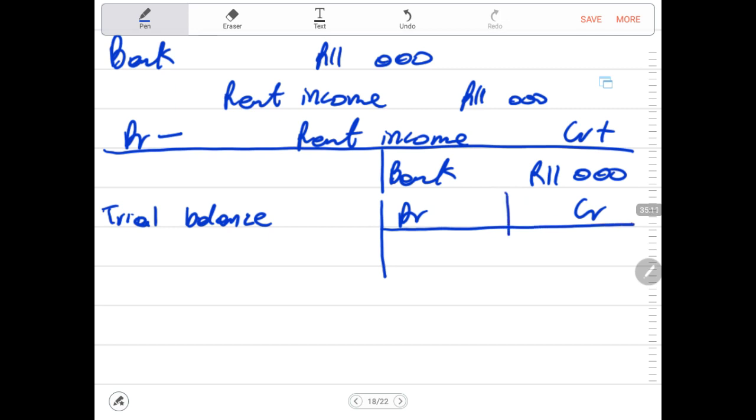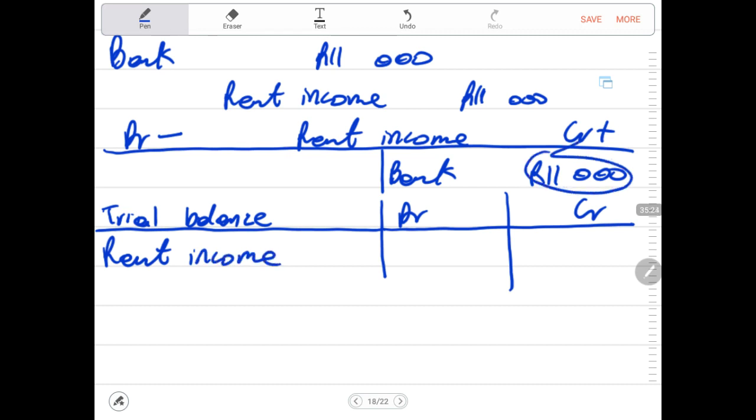So a trial balance will be like this with two columns. Then there will be a line straight there, and there will be a line item called rent income. Rent income, because this is from the credit side of the ledger account, then it goes straight to the credit side of the trial balance, 11,000 rands.